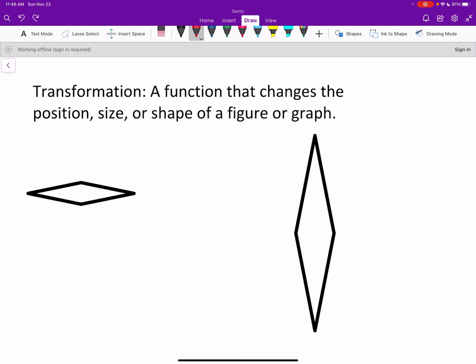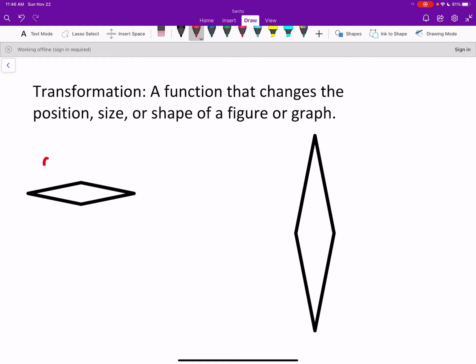Well, first I can tell you a couple things. It definitely moved this direction, all right? And I can see that it probably rotated, and it got a little bit bigger. So we scaled this thing up. There's a whole bunch of words, and they're basically very similar to rotate and dilation. We'll go over those in just a second.